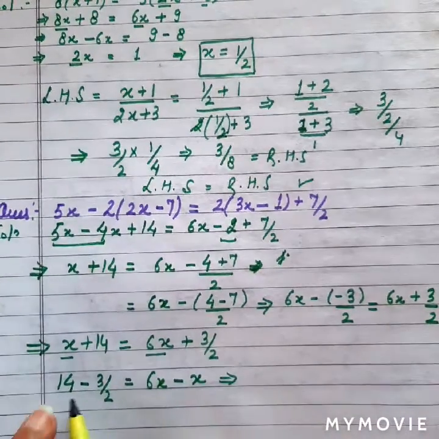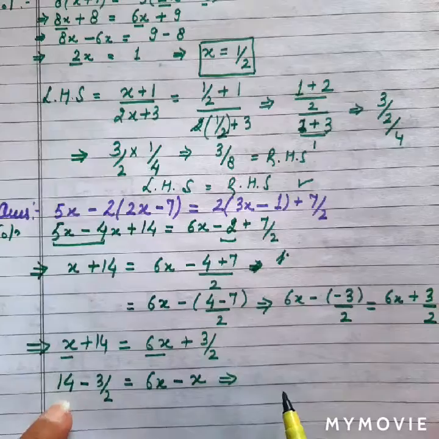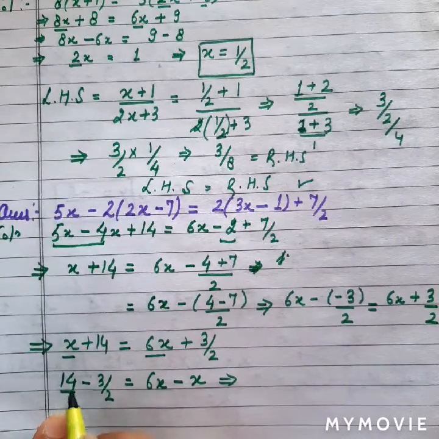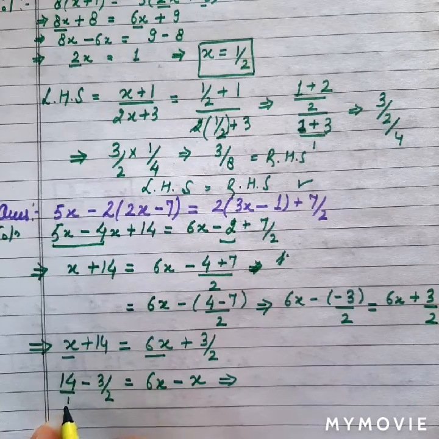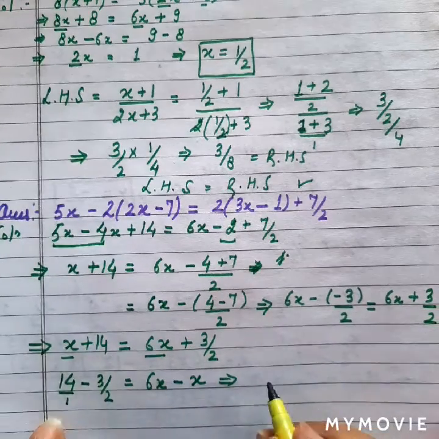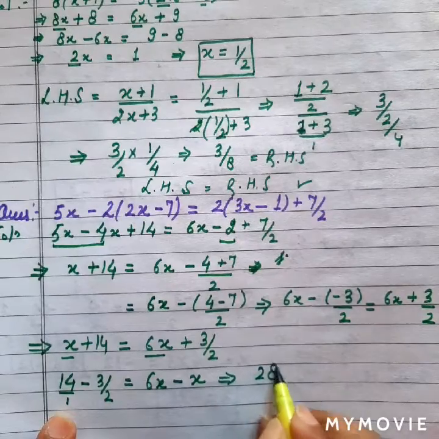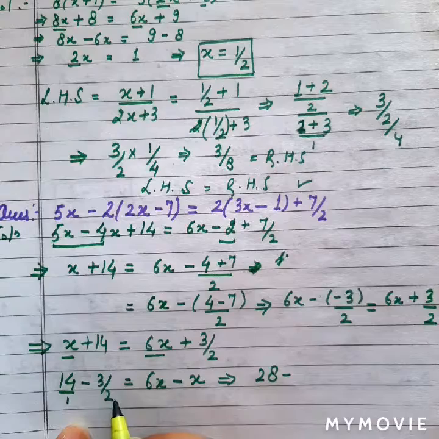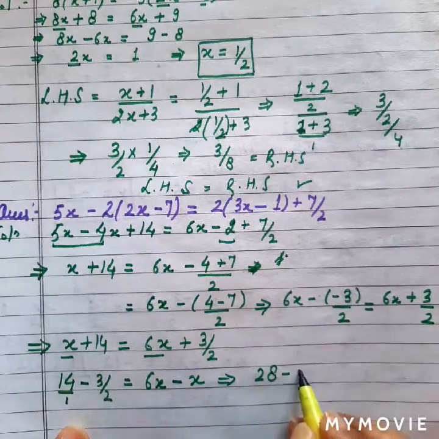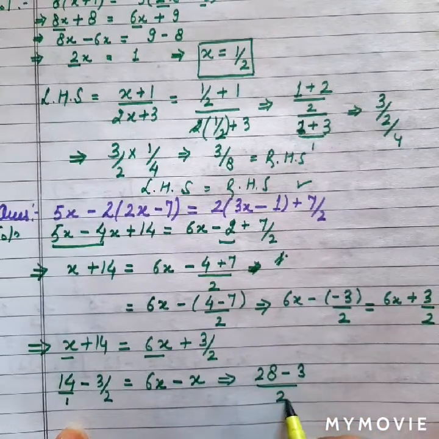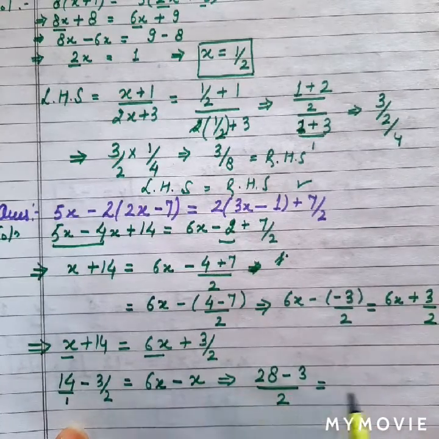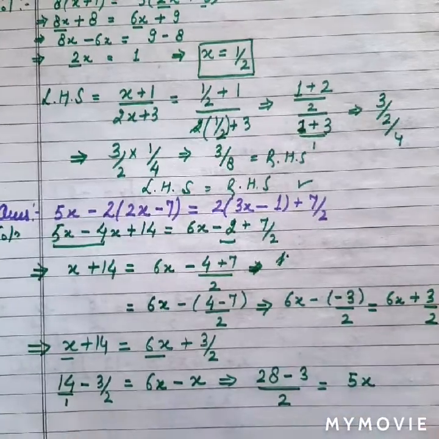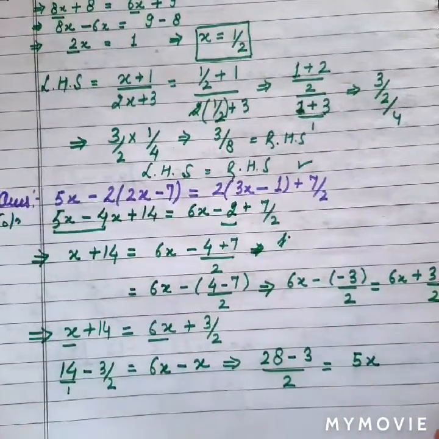Now 14 is multiplied with 2, right? We usually what we do, 2 is the LCM, and when 2 is divided by 1, it will be 2. 2 is multiplied with 14, it will give us the value 28. 28, when 2 is divided with 2, it will be equal to 1. 1 is multiplied with 3, it will be equal to 3 divided by 2, and here 6x minus x on the other side of the equality, it will be equal to 5x, right?